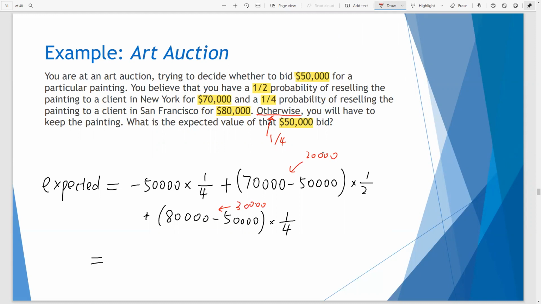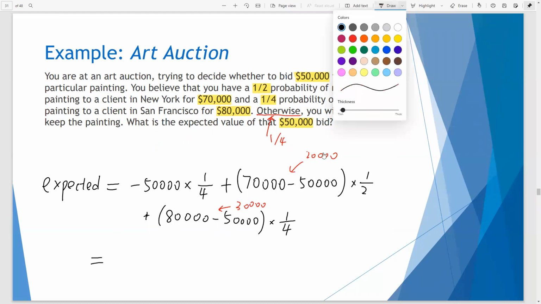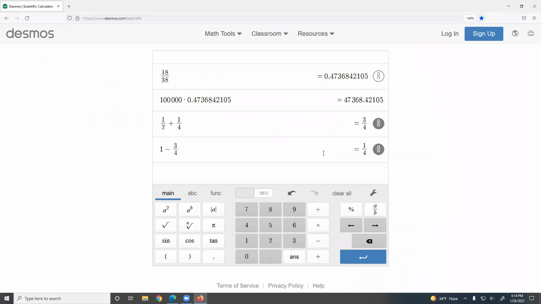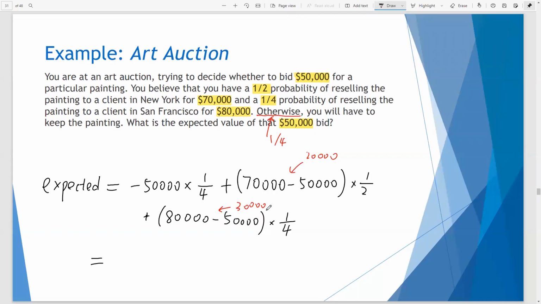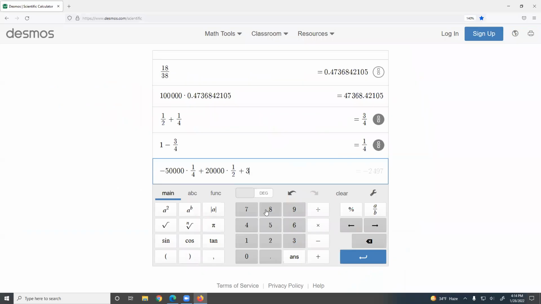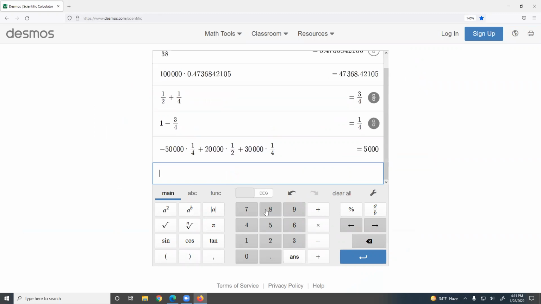So we just use our calculator. Negative 50,000 times 1/4, plus 20,000 times 1/2, and the third one is 30,000 times another quarter.